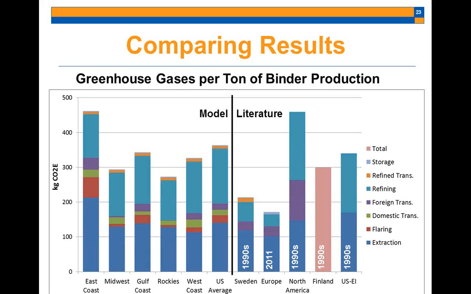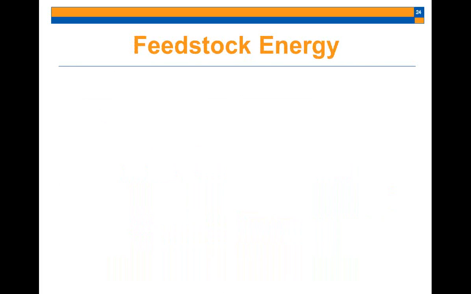We can also see on the right side different literature values that have been reported, and some of these literature values are used pretty widely in pavement LCA studies at this point. And you can see that there is quite a variation between them. You can imagine what will happen if you use one value versus another and how that will affect the results.